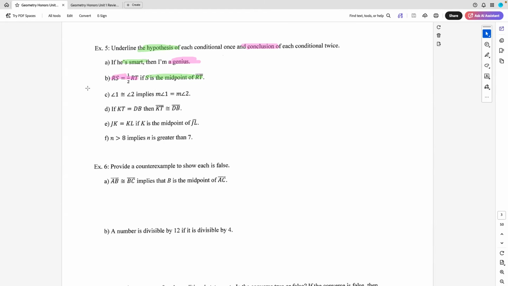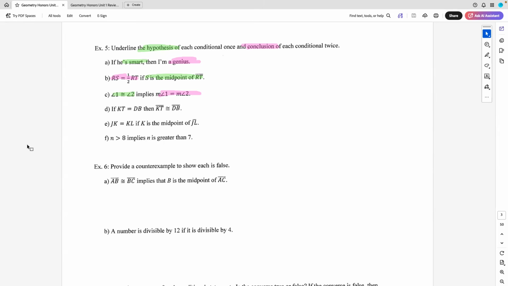Yeah. Okay. Angle one congruent to angle two implies that angle one equals angle two. So what's your hypothesis for this one? The first part, right? Yeah. So if this happens, then the conclusion is that the measures of the angles are the same, right? And that's a biconditional because you can also reverse it. If the measures are the same, then they're congruent.